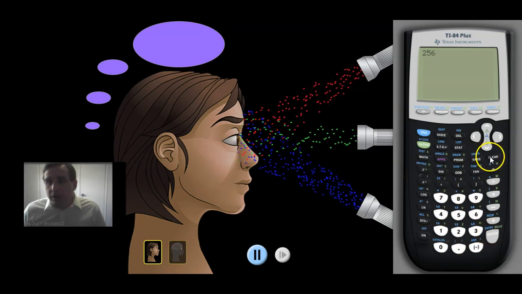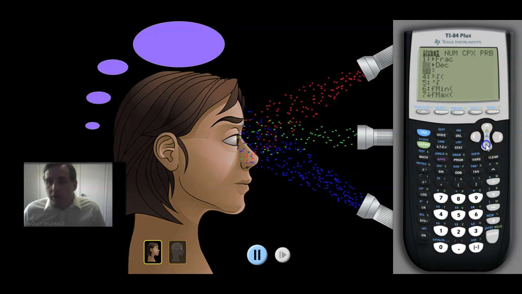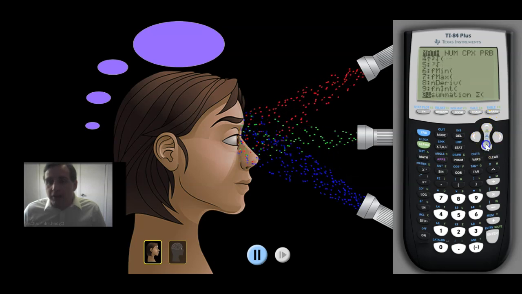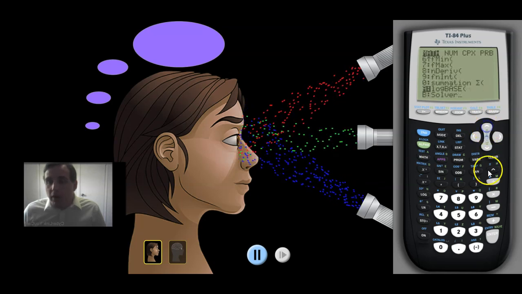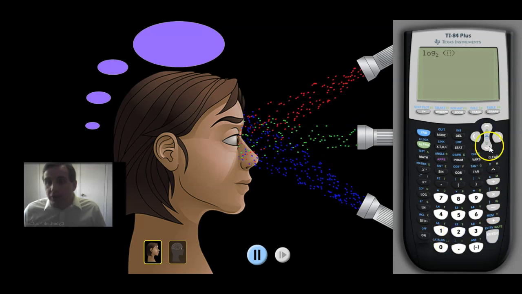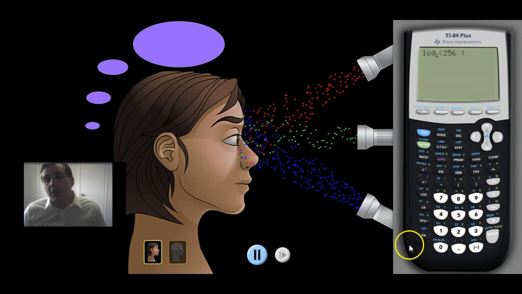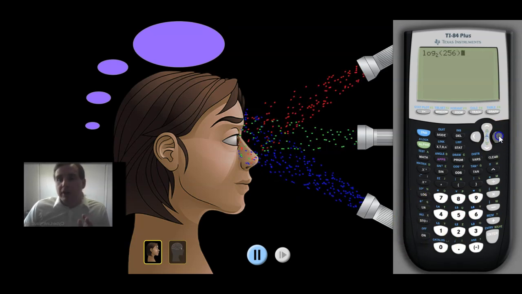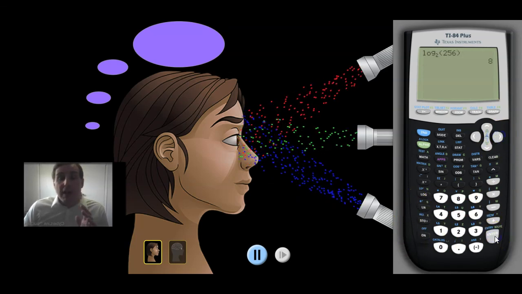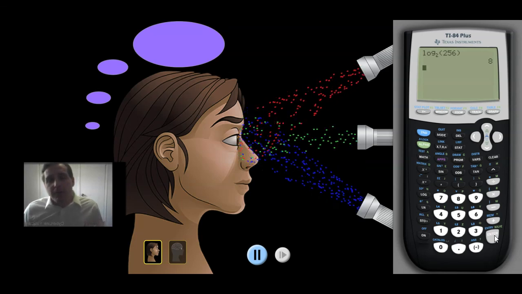So what I should do is go to Math, and then find the logarithm. So I want to do log base 2 of 256. So I want to know 2 raised to what power gives me 256. And that's 2 to the 8th. So 2 to the 8th is 256.